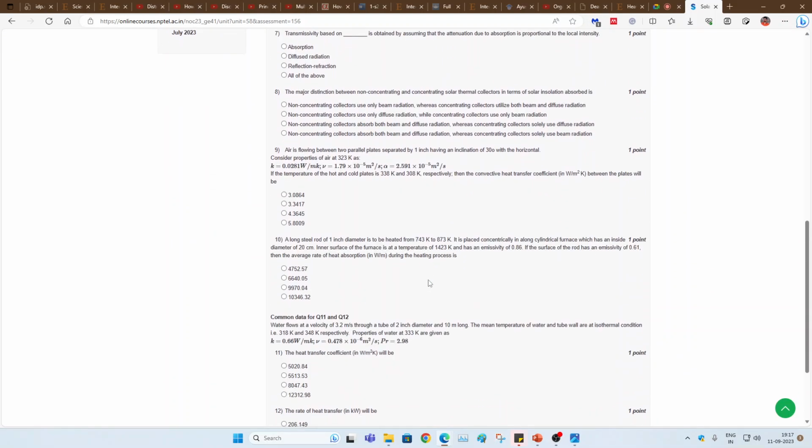We are strictly forbidden. Air is flowing between two parallel plates separated by 1 inch with an inclination of 30 degree. Consider the properties of air. Thermal conductivity is given, velocity is given, viscosity is given, alpha is given. If the temperatures of the hot and cold plates are given, find the convective heat transfer coefficient between the plates.